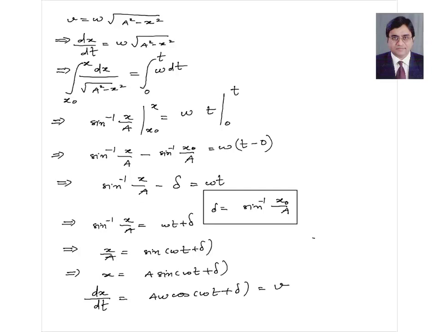Now, xt relationship we have written as A sine(omega t plus delta). In some textbooks you may find it to be written as cosine function, maybe A cos(omega t plus something) type. That's no problem at all, because sine and cos functions are similar, I should say this way, they have similar behavior.